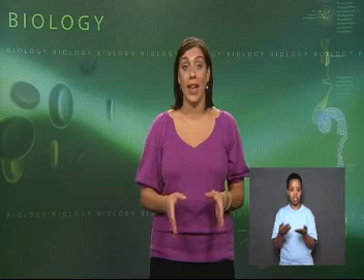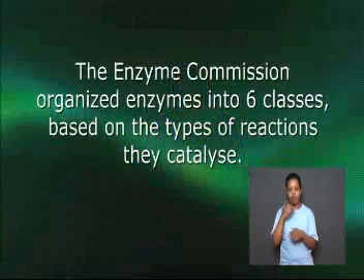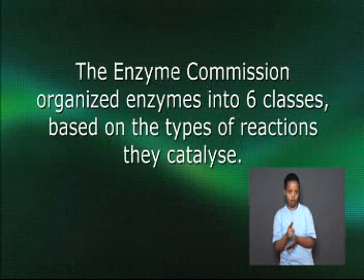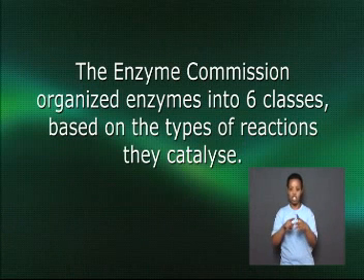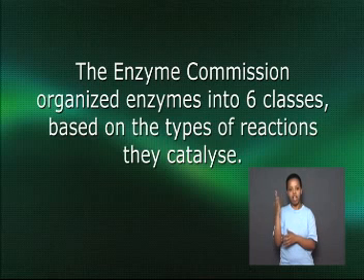In order to regulate the naming of enzymes, the International Commission on Enzymes decided to produce a systematic way of naming enzymes based on the ways in which the enzymes act. The Commission began by organizing the enzymes based on the types of reactions they catalyze.